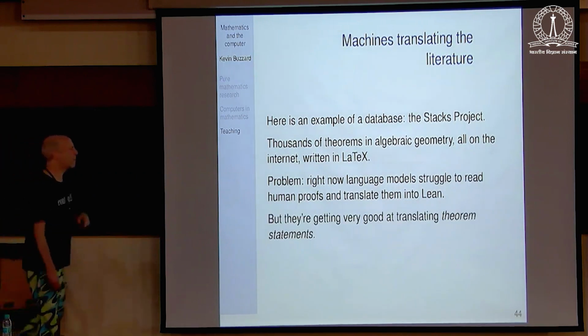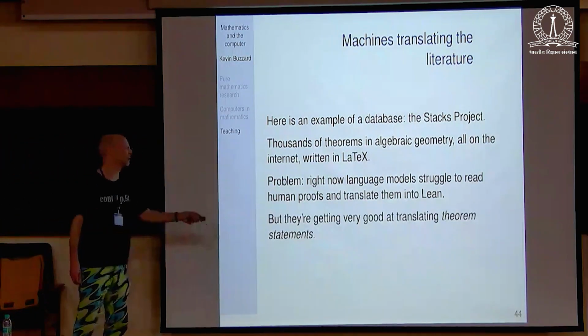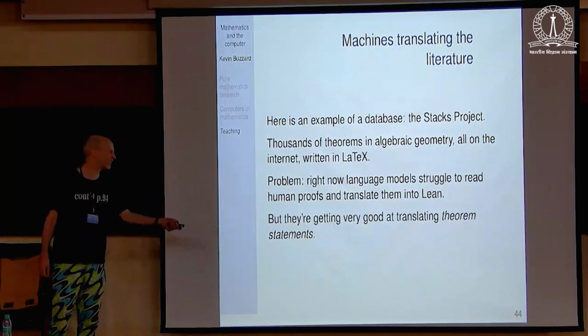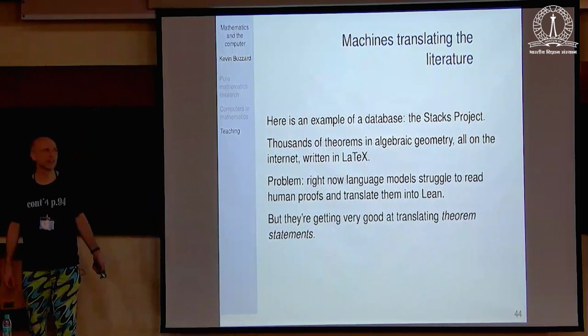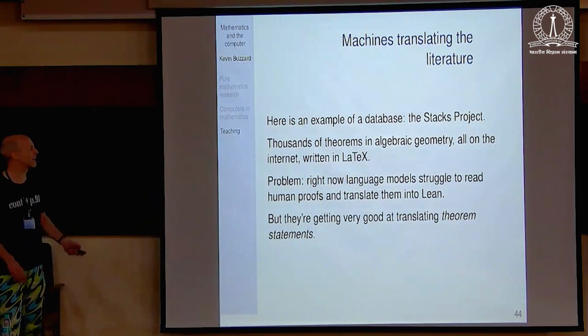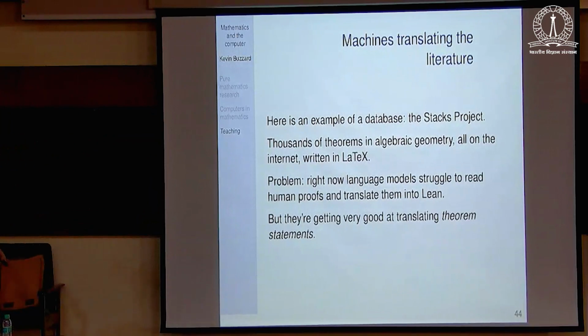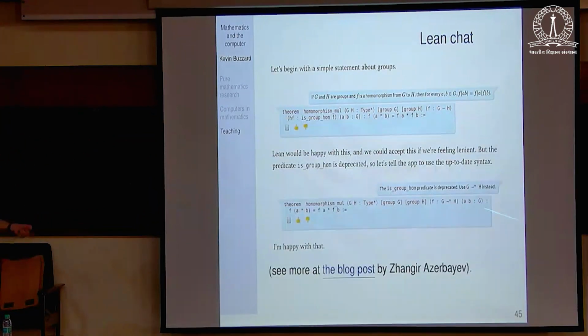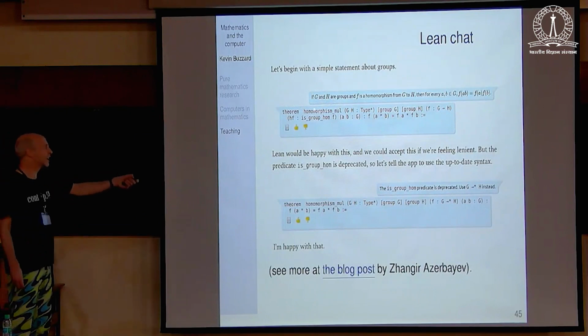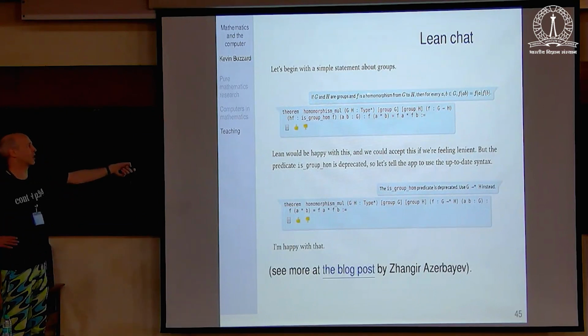But one thing, this is the last thing I want to say, one thing they're getting very good at is translating the statements. Right? The proofs are kind of hard, but just translating the statements. So here's an example. This is from my blog. This is a machine, right? The human says, if G and H are groups and f is a homomorphism from G to H, then for every a and b in G, f(ab) is f(a) times f(b).